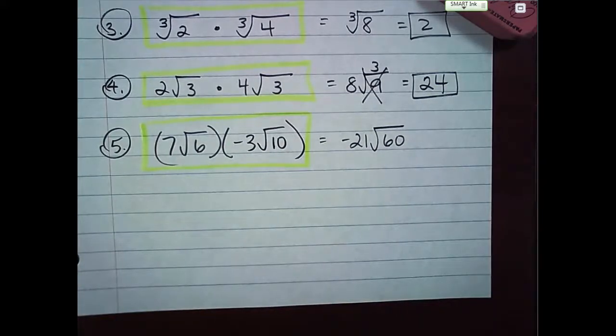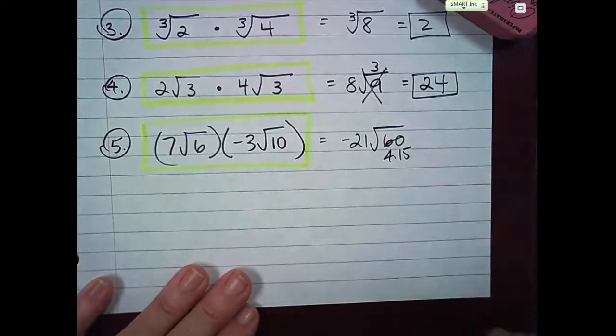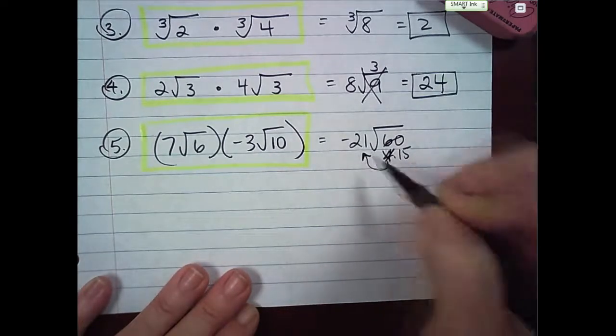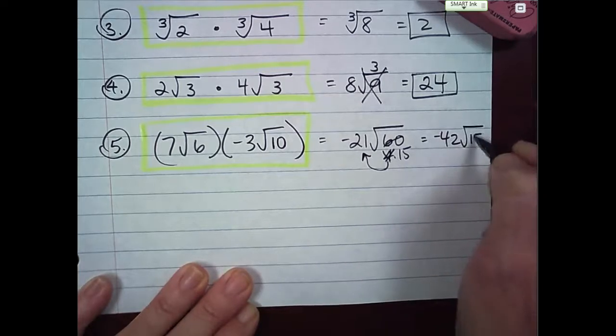Can you simplify 60? What's it turn into? 4 and 15, right? So the square root of 4 is 2, so you're going to take 21 times 2. Make negative 42, and the 15 stays inside.